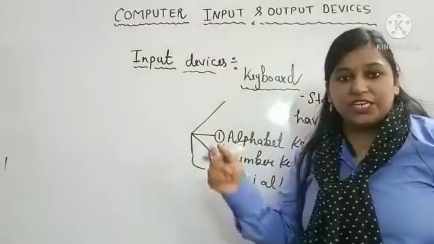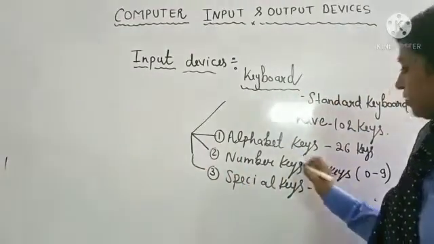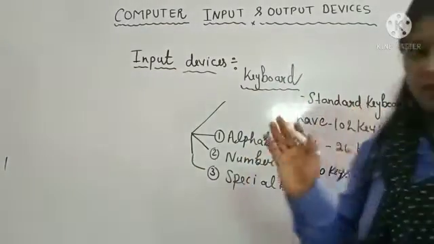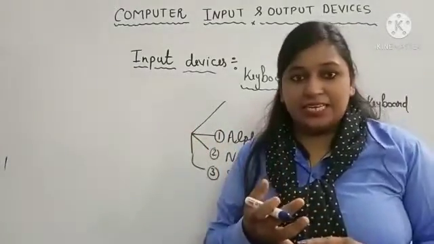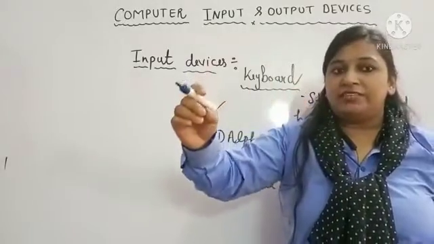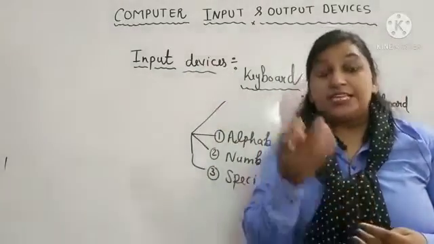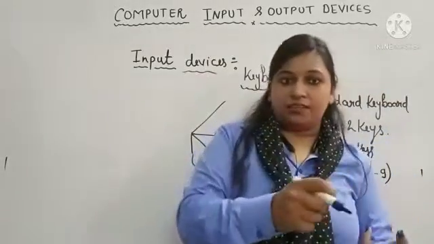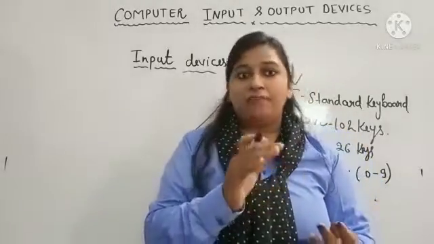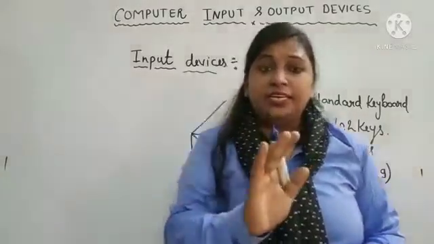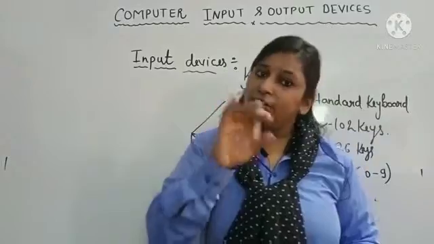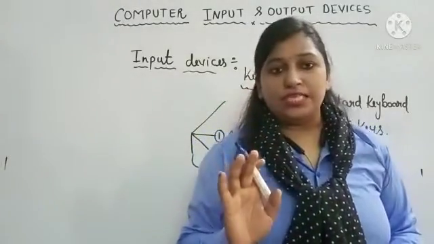Now the last is special keys. Except for alphabet keys and number keys, there are so many keys you have seen on the keyboard, right? Like the enter key, shift key, function keys. What is the meaning of special keys? Special keys have a special task. Like the enter key: if you want to go to a new line, then you will use the enter key.